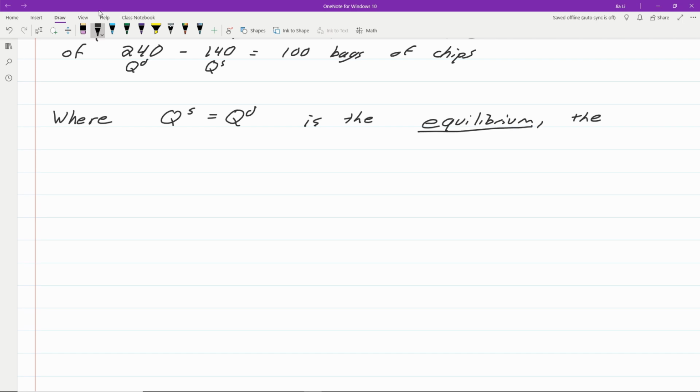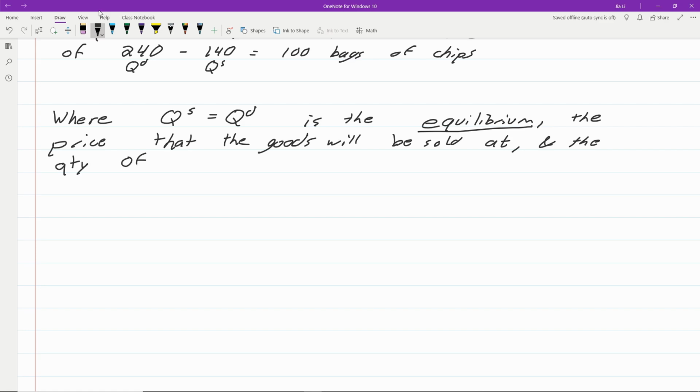This is the price that the goods will be sold at, and the quantity of goods that will be sold.